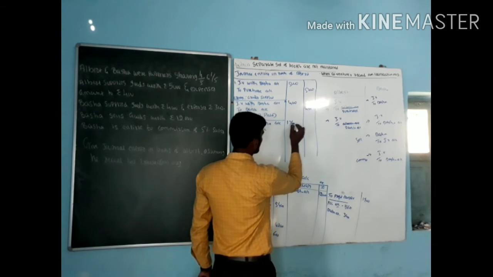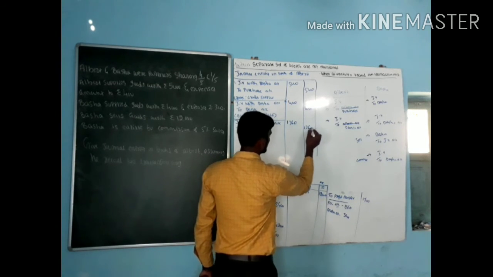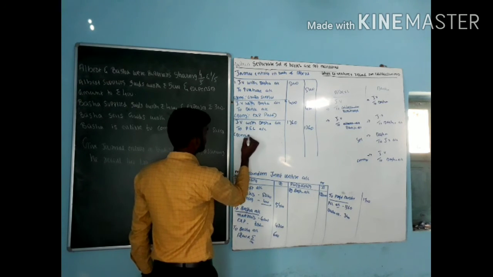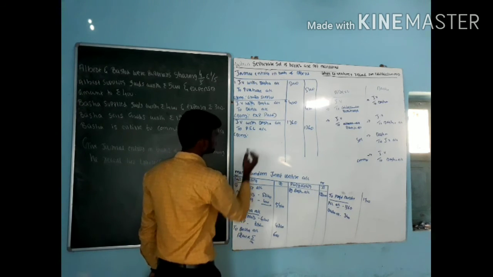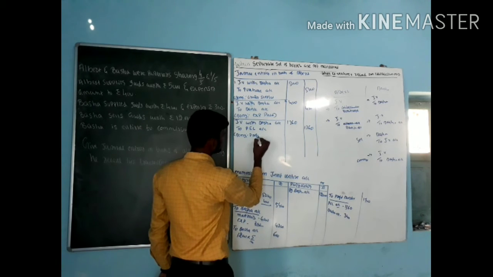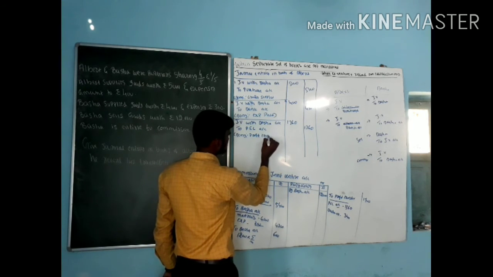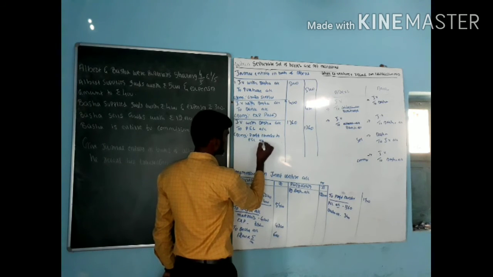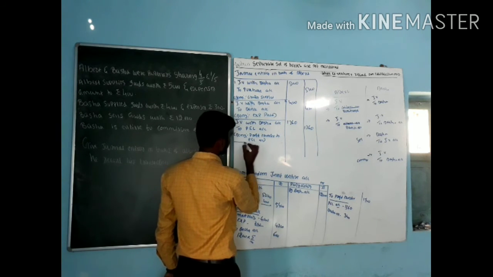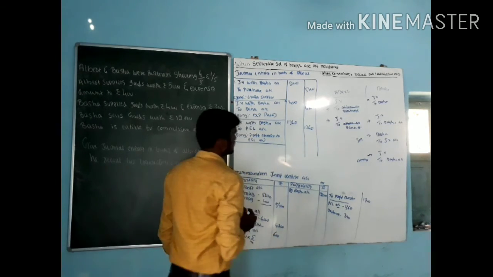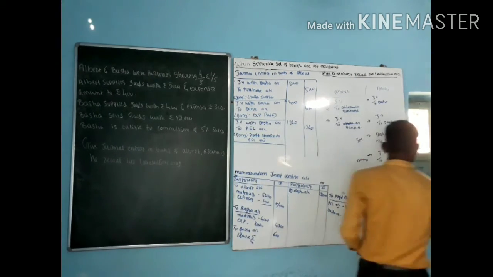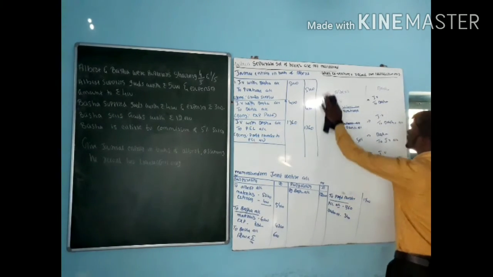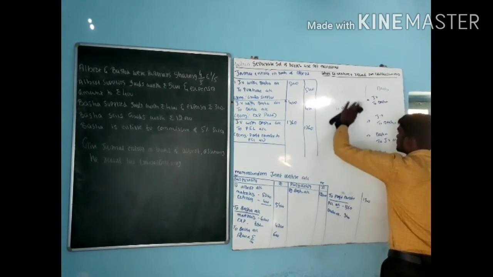That is 1,360. That is profit transferred to profit and loss. This is credited to our Albert.